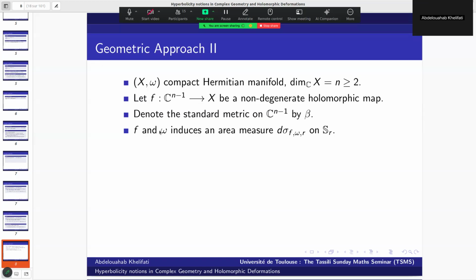I don't want to go through technicalities, but using the Hodge star induced by the pullback of omega, one can define an area measure on spheres.